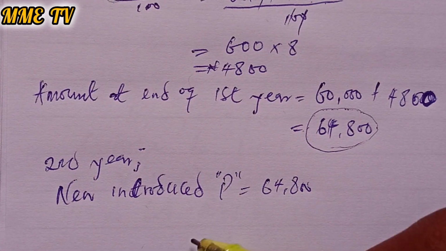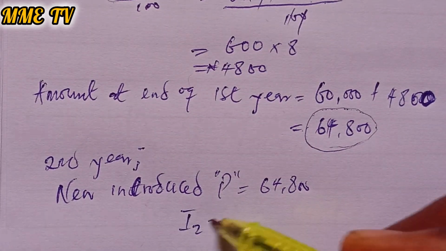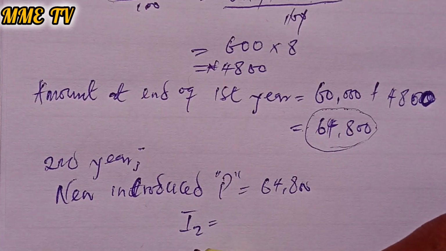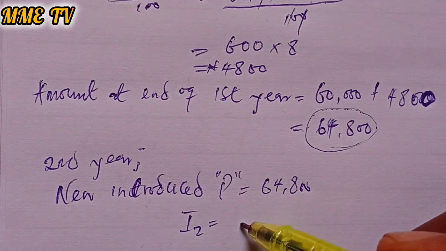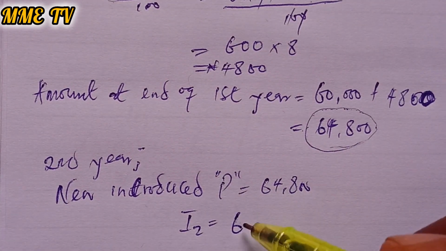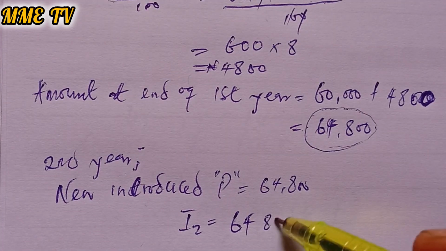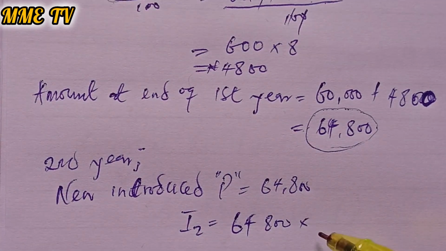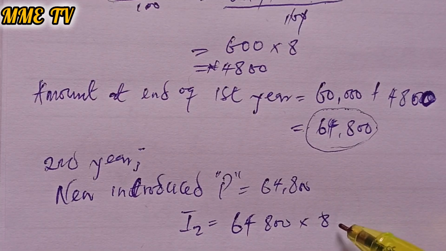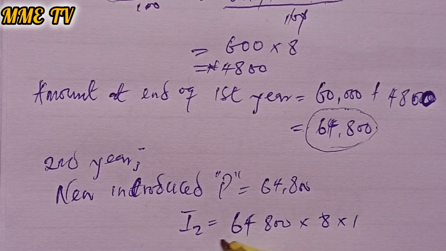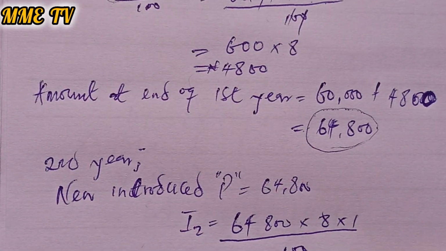Then based on that, I will now say that this is my solving for my second year, which will be 64,800 multiplied by 8 multiplied by 1 all over 100.